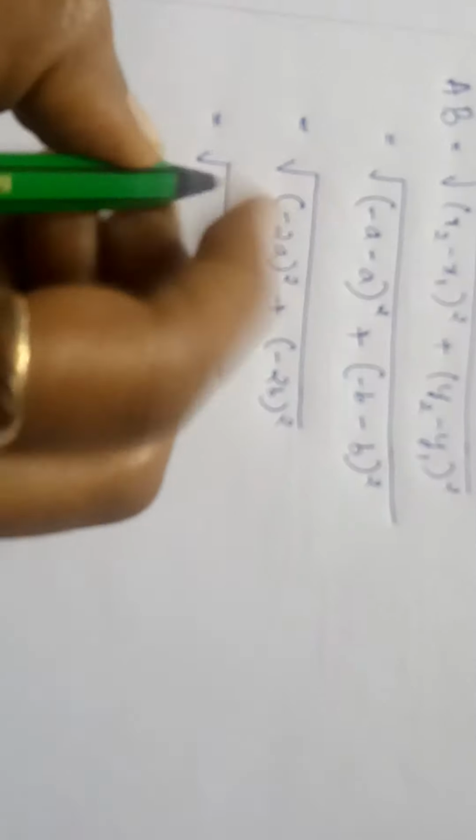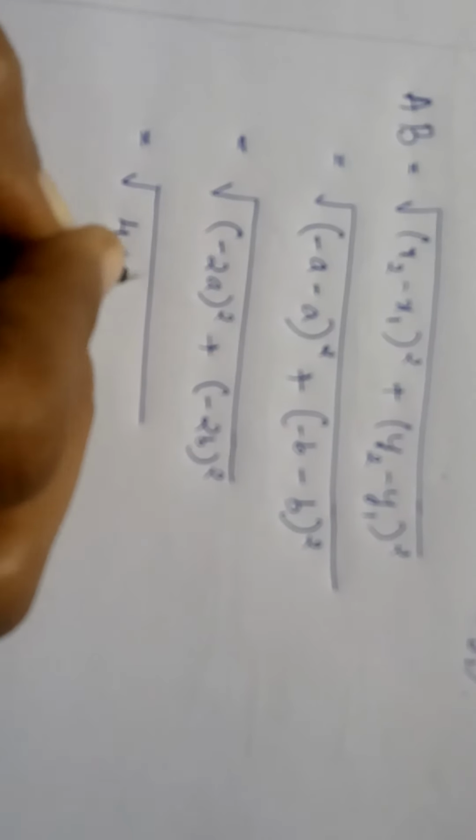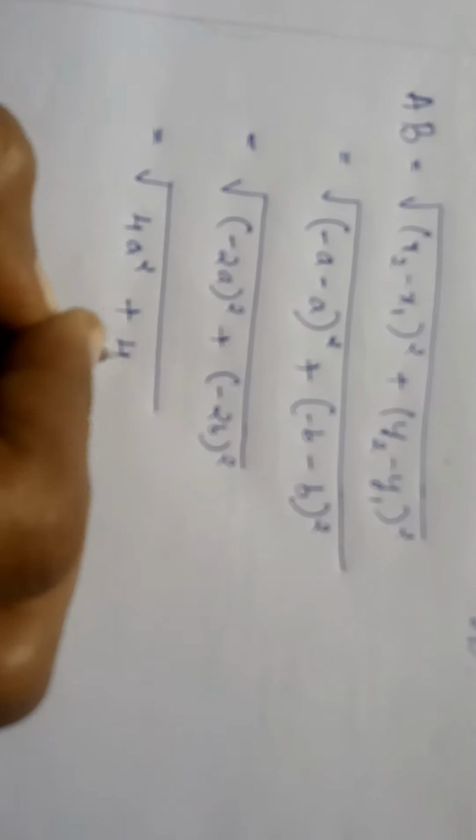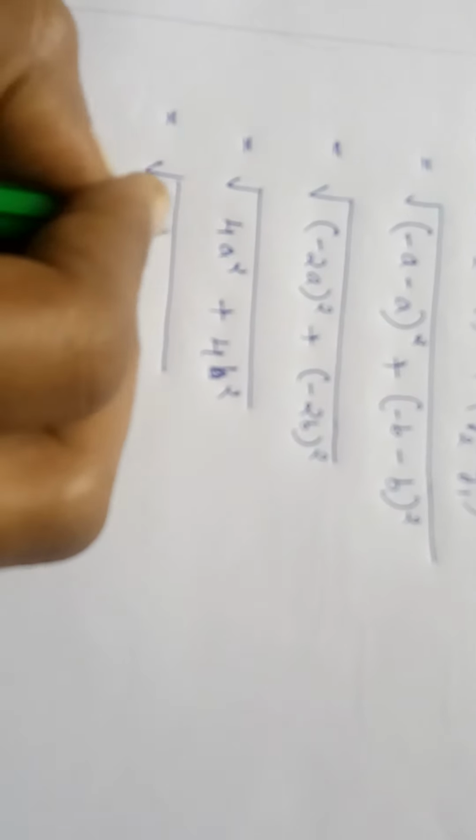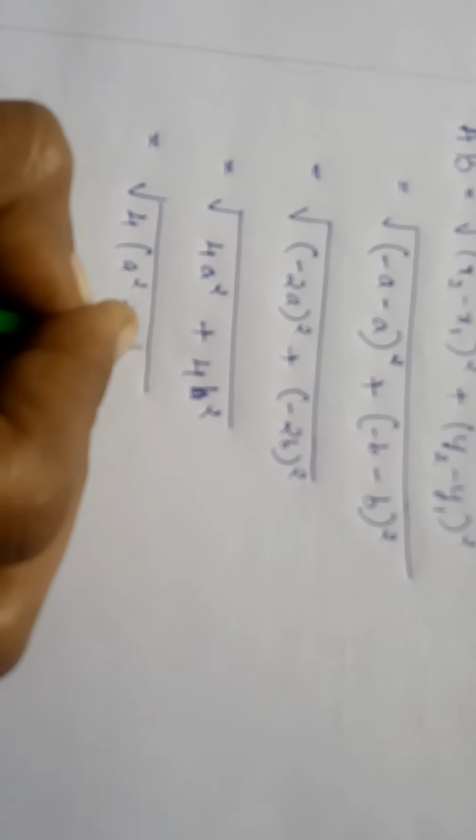Square root of 2 whole square is 4a square plus 4b square. Take 4 common in those two, that is a square plus b square.